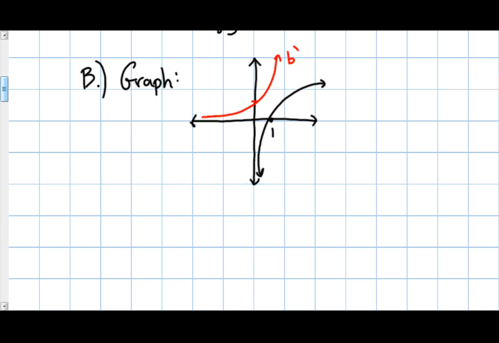So that's b to the x. And then here is the log of x. You'll see these are inverses. Just by looking at the graph, you could see that taking the logarithm of something is like the inverse of its exponent.